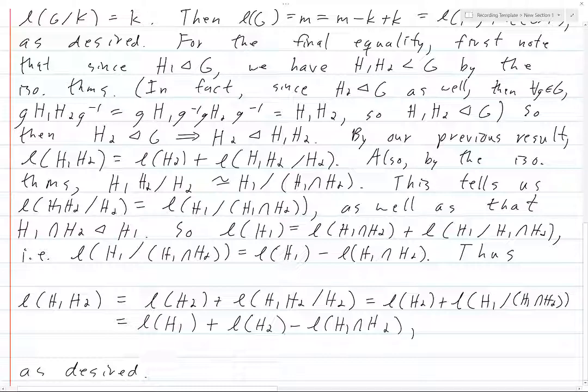That completes our proof. And I guess the reason you would think of this is you look at this H1 intersect H2, and you think, the whole thing about composition series is that you have normal subgroups, normality all over the place.